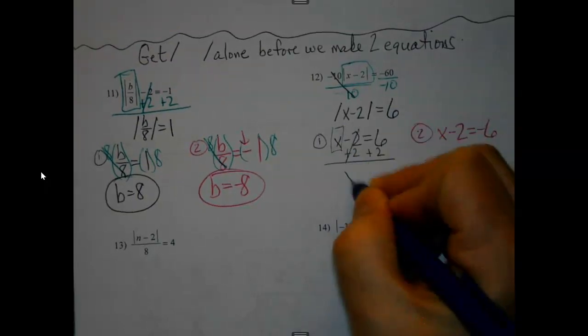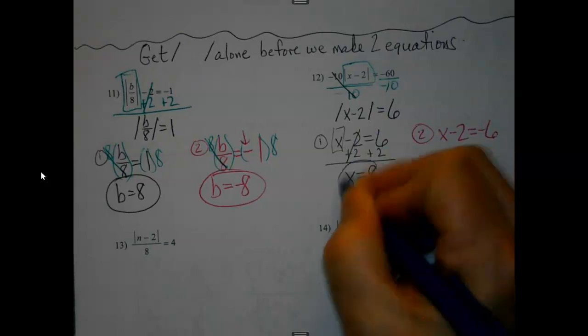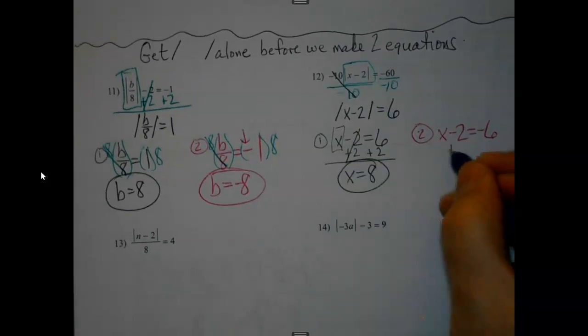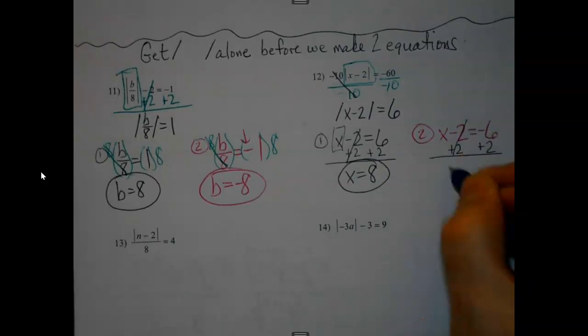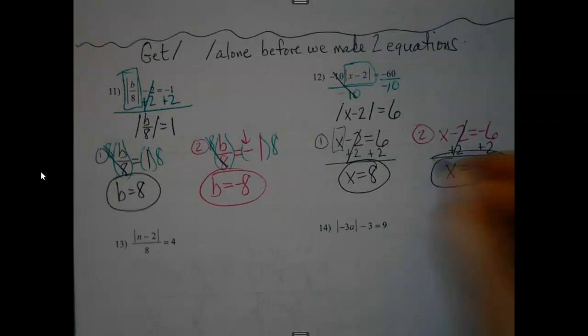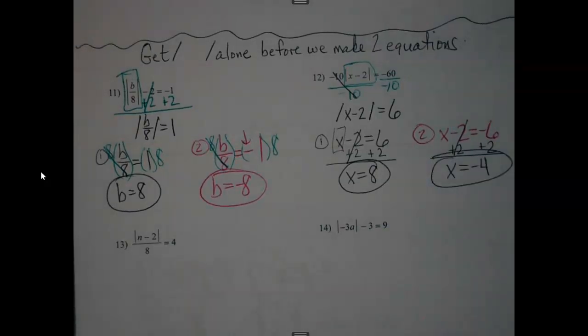Do my one opposite to get things situated. So the rest of this page is going to work that way. I get my absolute value alone, my one step, and then I go back and split it to 2.